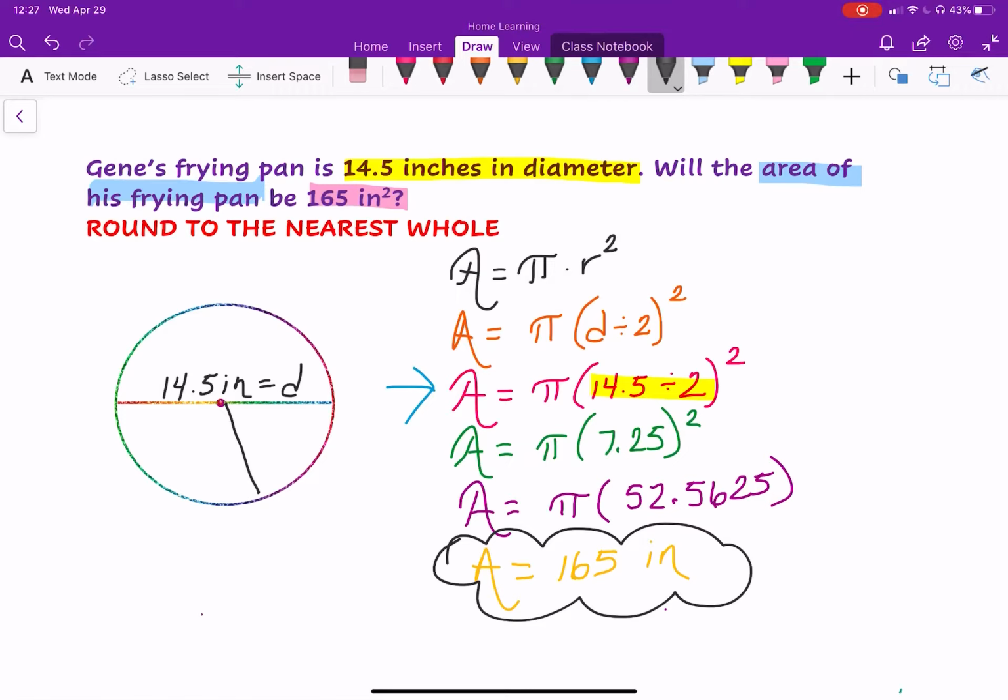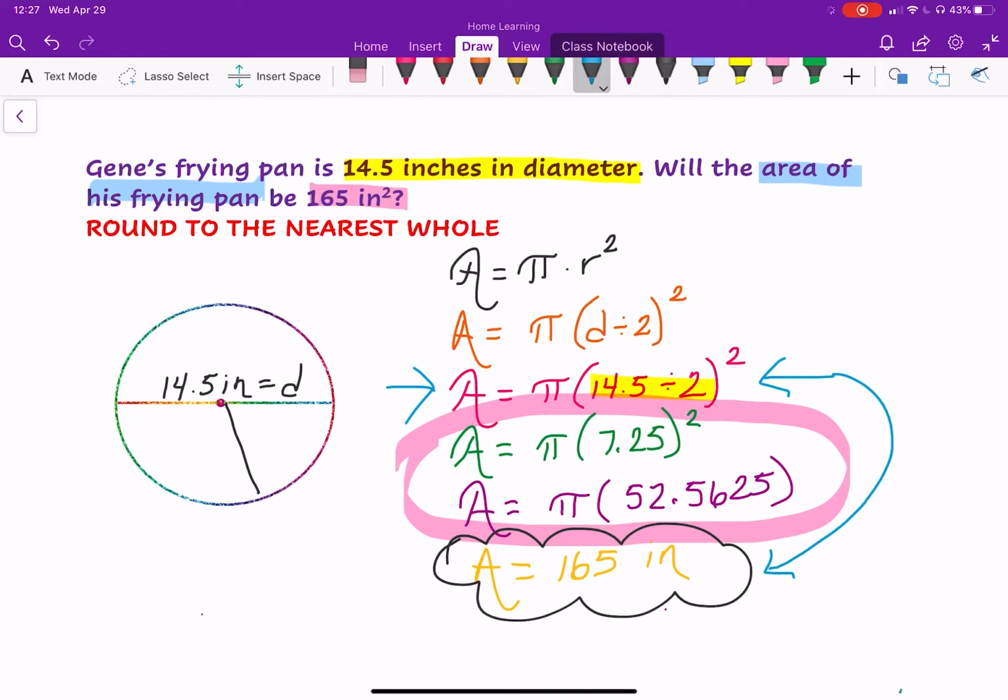These steps are optional. If you plug this whole thing into your calculator, it should take you straight to here. So we took 14.5, divided it by 2 to get our radius, we squared it, and then we multiplied by pi.